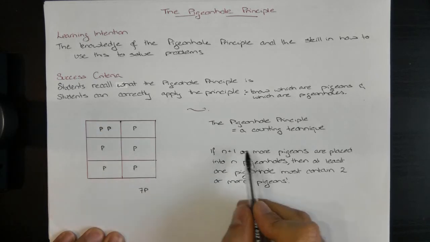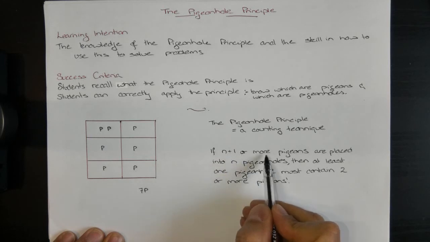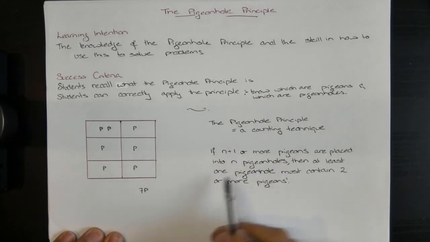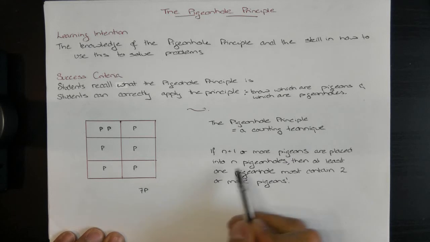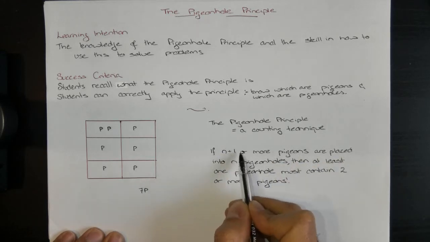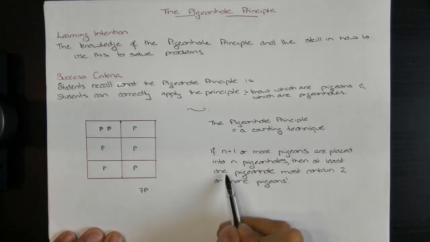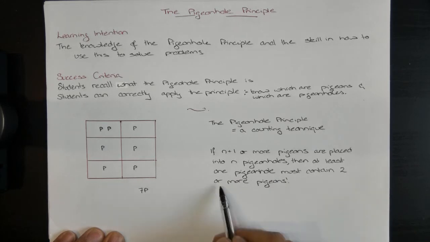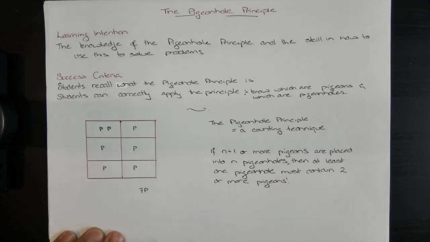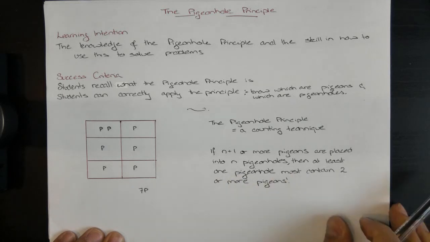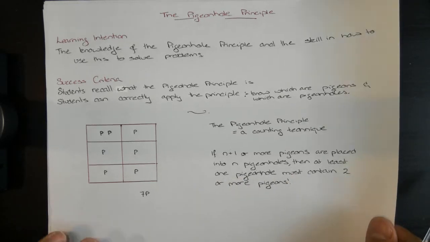Okay, so if n plus 1 or more pigeons, for example here we had 7 pigeons, are placed into n pigeonholes, then at least one pigeonhole must contain 2 or more pigeons.